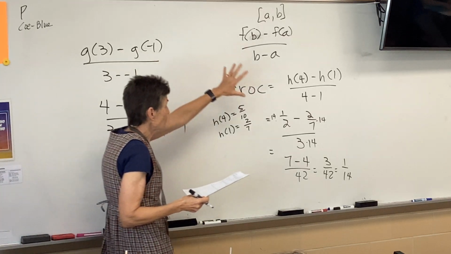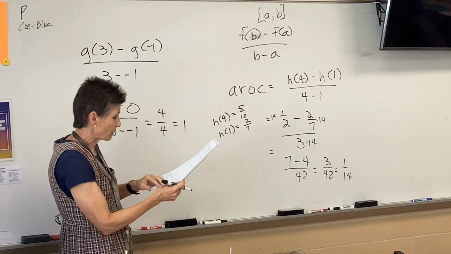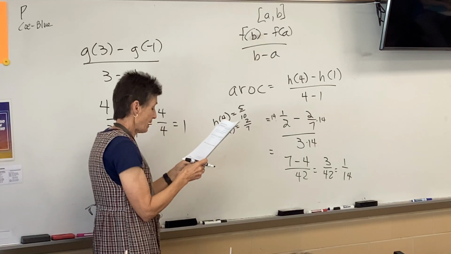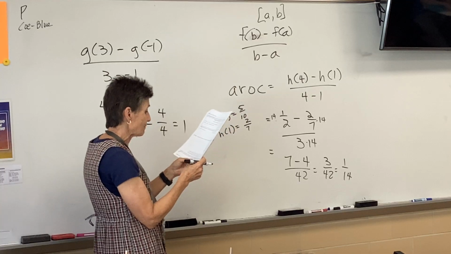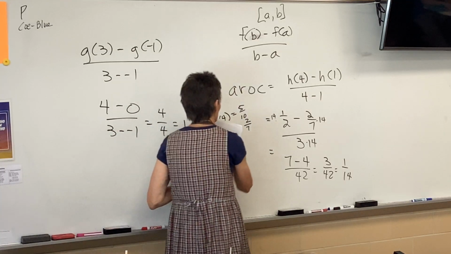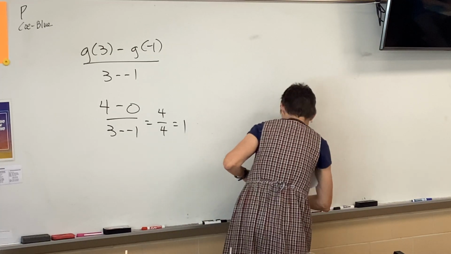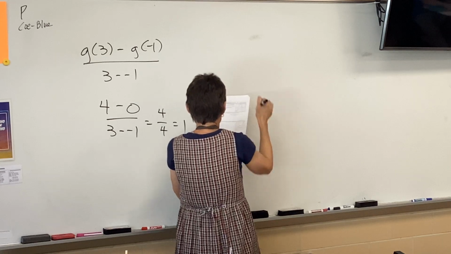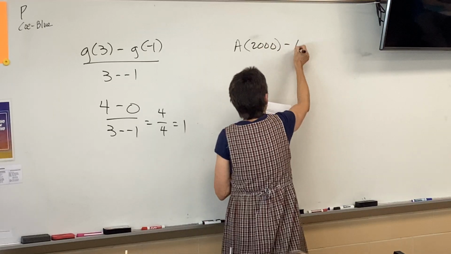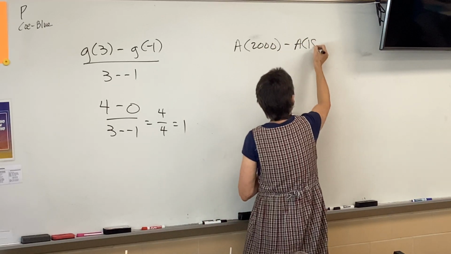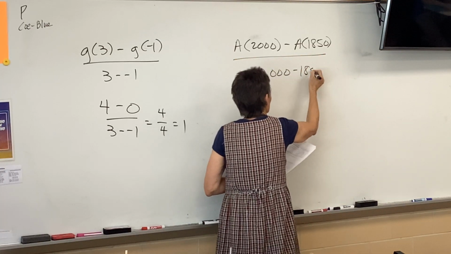Okay, so the first ones we did, we had an equation, we had a function rule. Here we did it with a picture, now we're going to do it with a chart. Life expectancy of females, an average rate of change from 1850 to 2000. So we'll do A of 2000 minus A of 1850 over 2000 minus 1850.